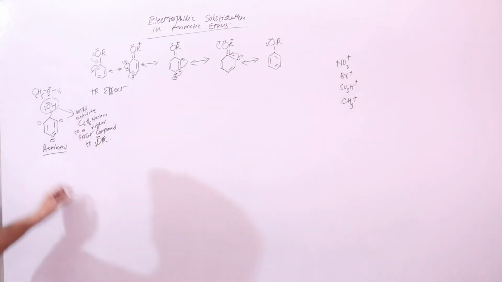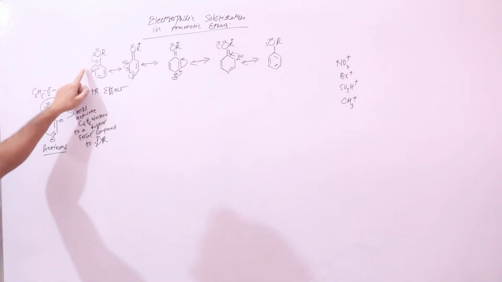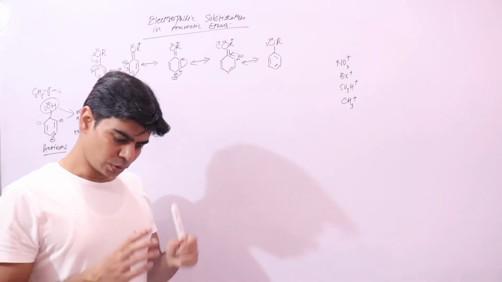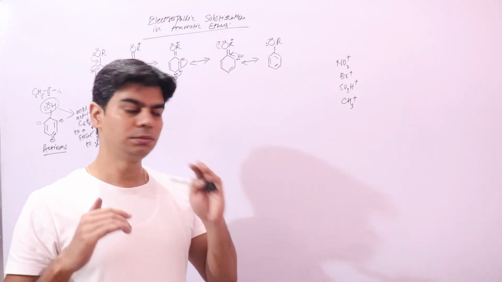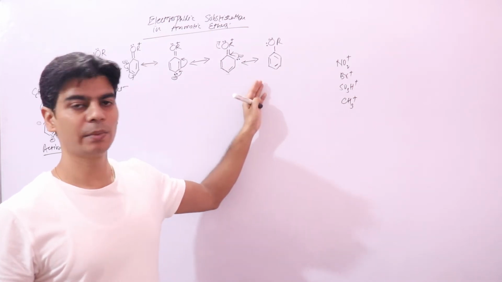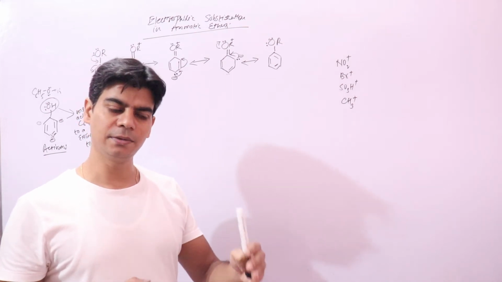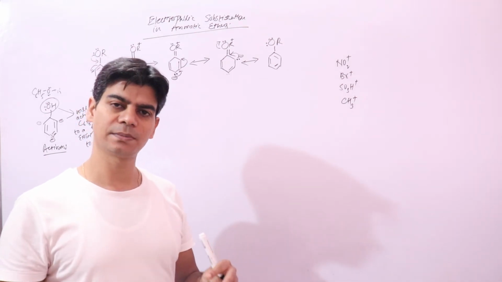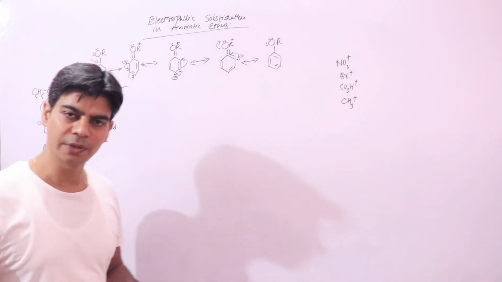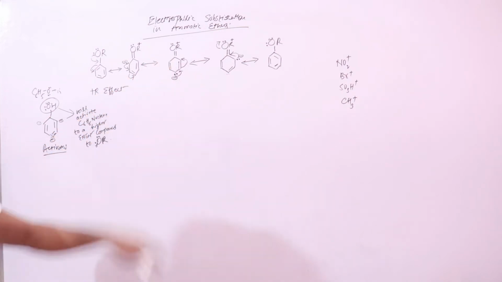So since phenol will activate the benzene nucleus to a higher extent compared to the alkoxy group in aromatic ethers, the extent of electrophilic substitution reactions is less in aromatic ethers compared to phenols, because of less activation of the benzene nucleus in aromatic ethers.